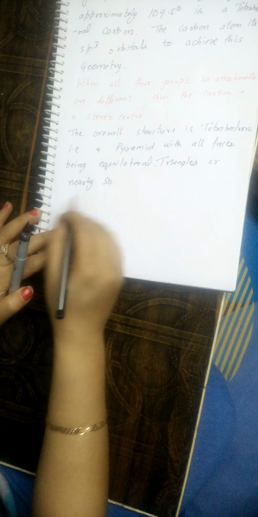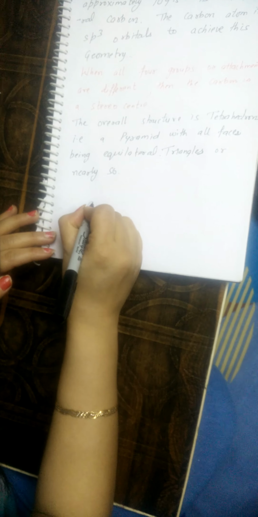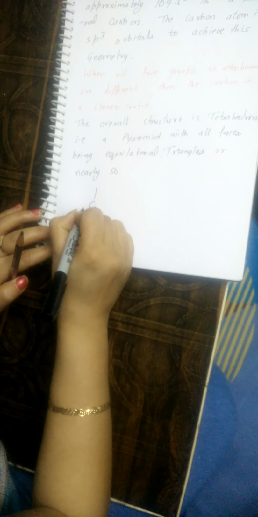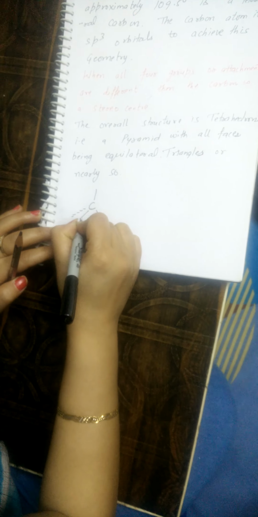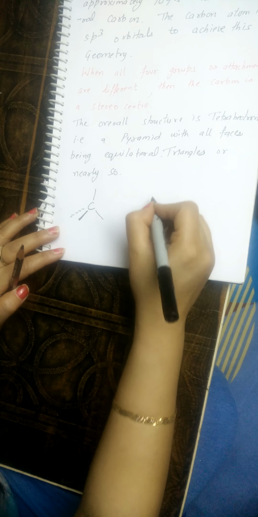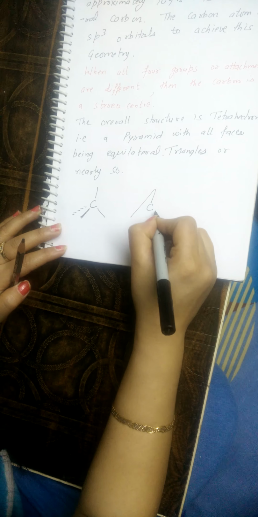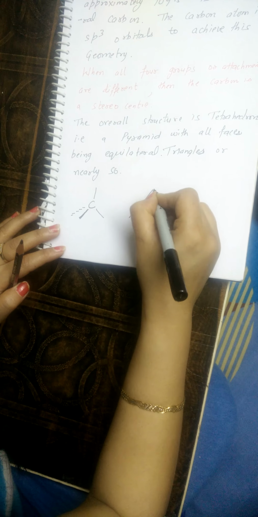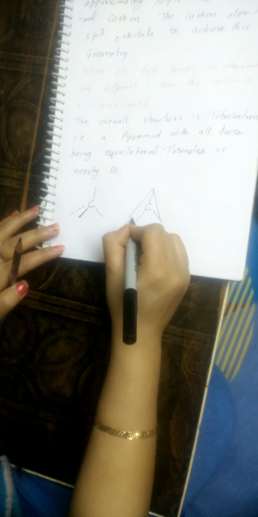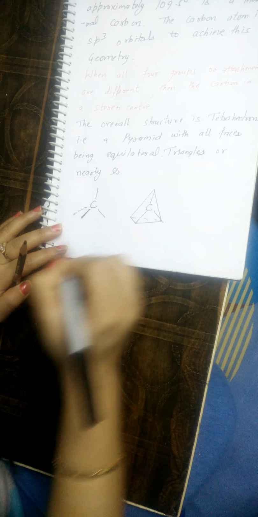We can draw it like this: a carbon, or we can show it like this: it looks like a tetrahedron.